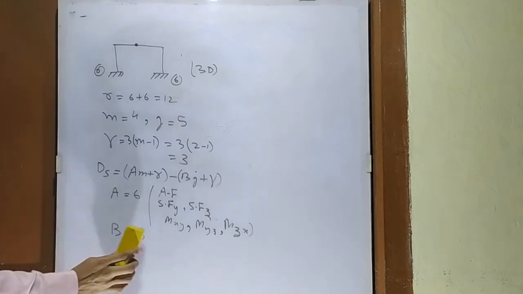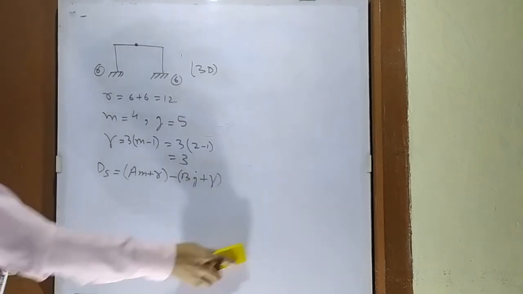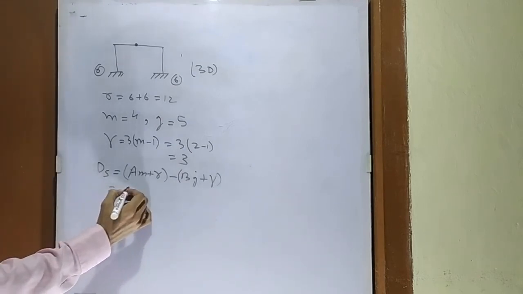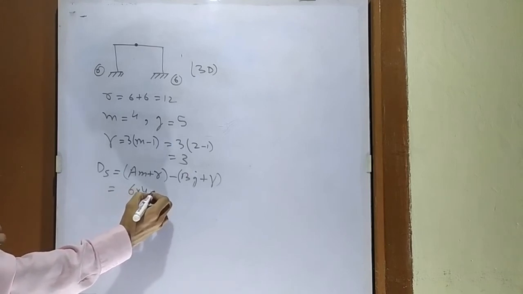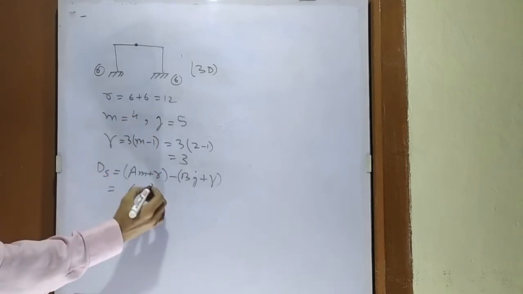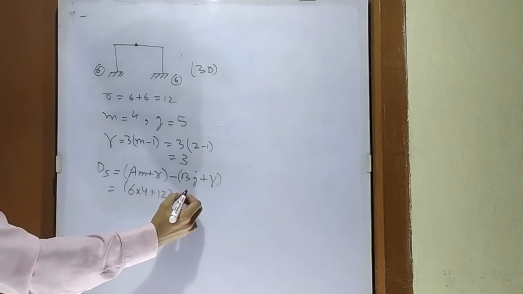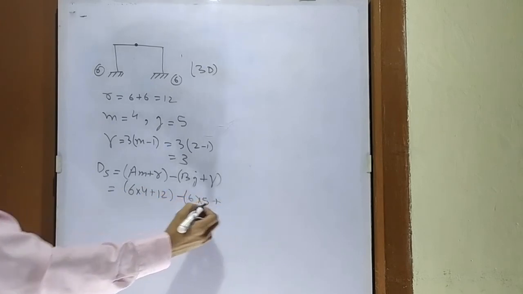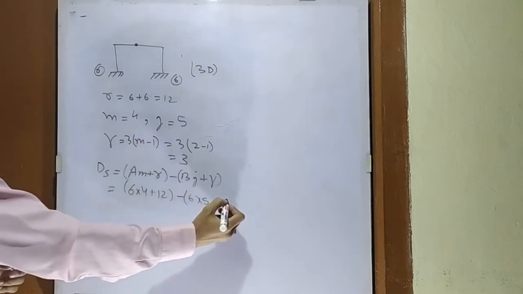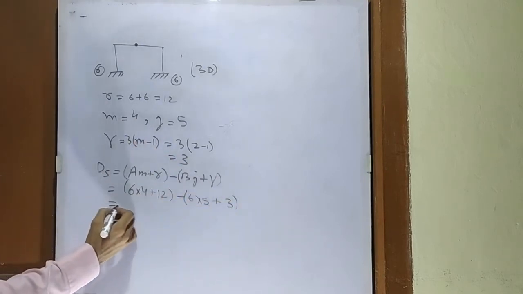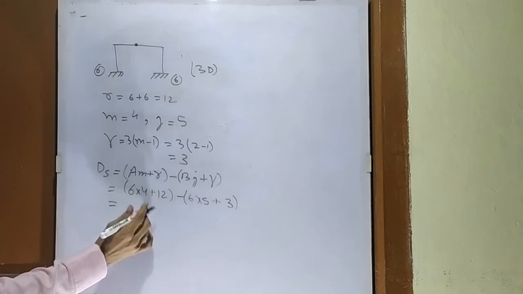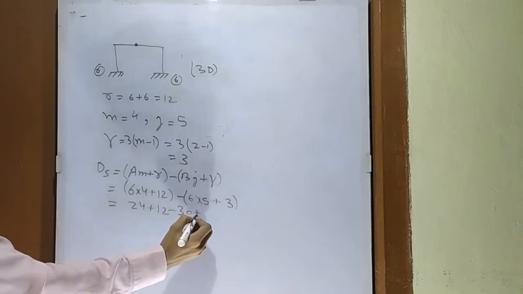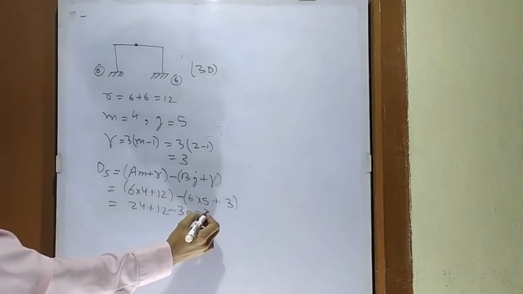Now we will put all these values in this formula so that we can find the degree of static indeterminacy. So a is 6, number of members is 4, number of reactions is 12, b is also 6, number of joints is 5, plus gamma, which is 3, as we counted earlier. 6 4s are 24 plus 12 minus 30, and sorry, it will also be minus.